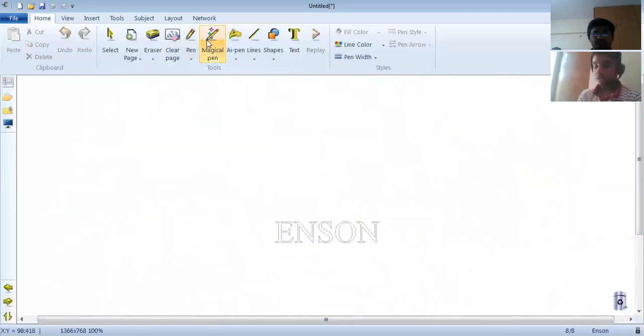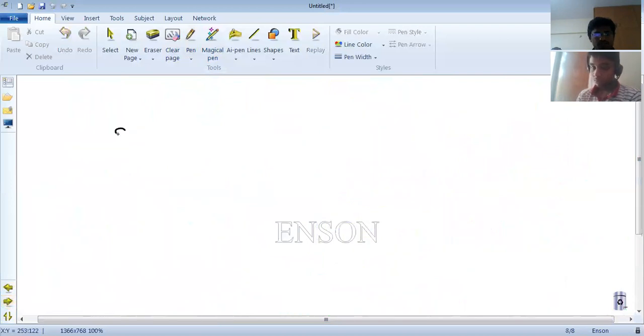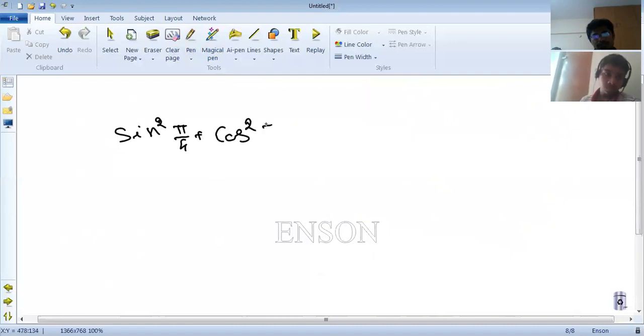Got it? Okay. Now from the previous question, I'm writing this direct equation, sine square pi by 4 plus cos square pi by 4 is equal to 1. As we said, x is equal to y and y is equal to x. In the sense, what is the sine theta formula?